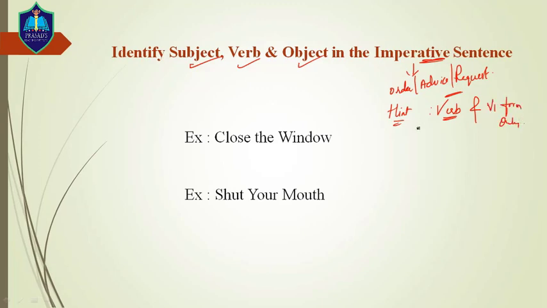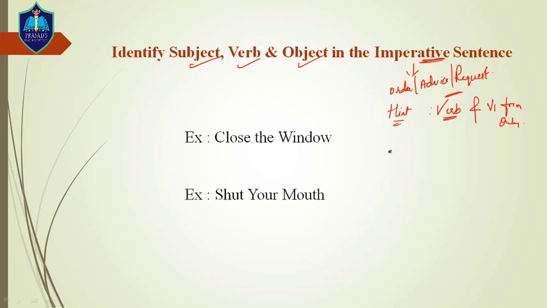So if the sentence starts with a verb and is in V1 form only, then we consider that an imperative sentence. And one more thing: whether the subject will be there or not in imperative sentences. So in this particular session, we are going to study how to identify subject, verb and object in the imperative sentence.